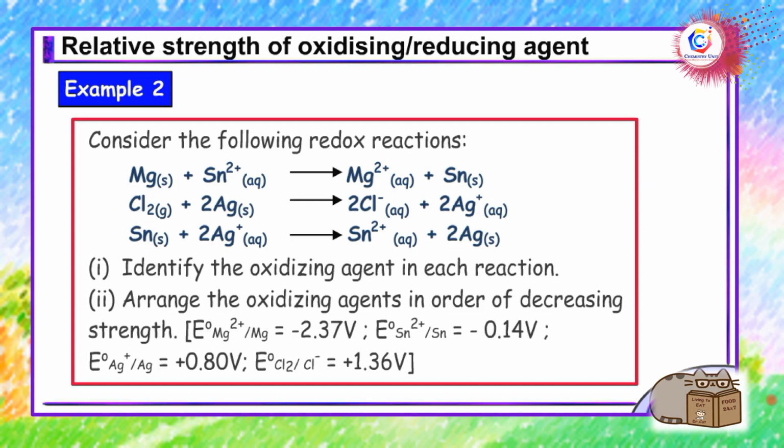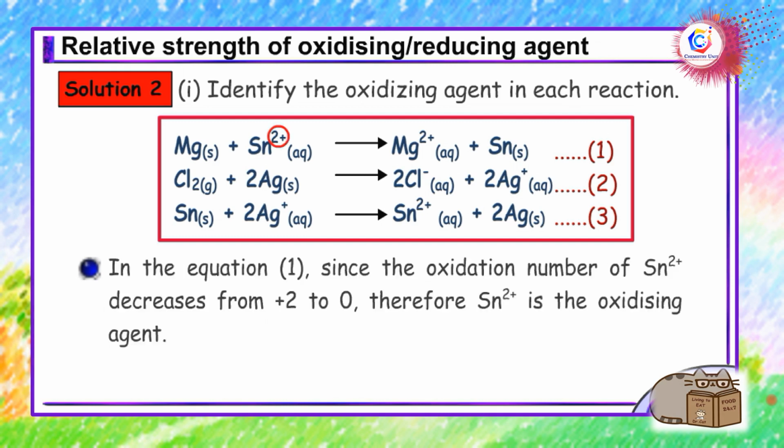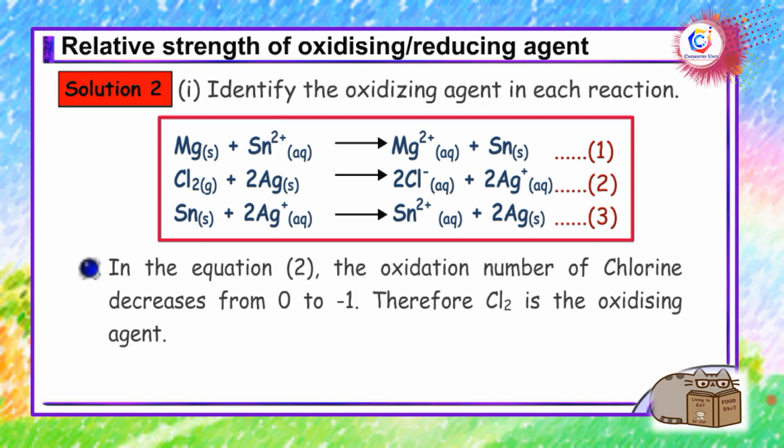Let us consider the following example. Since the oxidizing agent undergoes reduction, you have to look at the species at which the oxidation number decreases. In equation number 1, since the oxidation number of Sn2+ ion decreases from +2 to 0, therefore Sn2+ ion is the oxidizing agent.